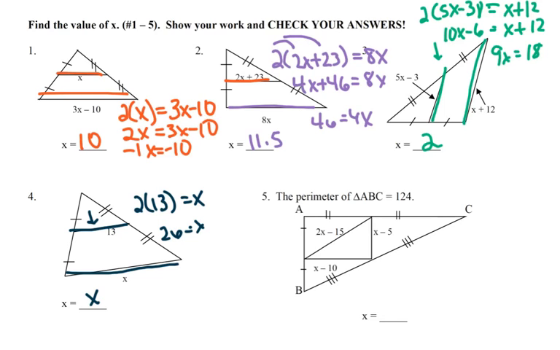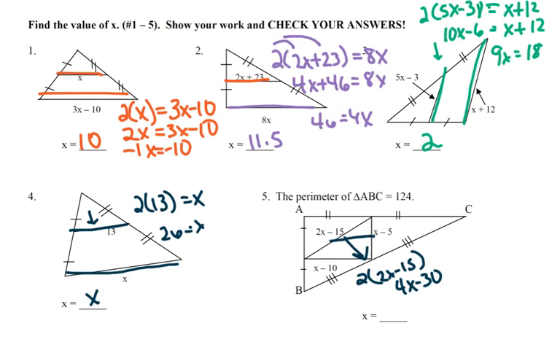Alright, so we're going to set it up as an equation, but first we have to find our sides. So we know that this side here is 2 times our mid-segment, which is 2x minus 15, which will give us 4x minus 30. Alright, so I'm going to find my sides first.